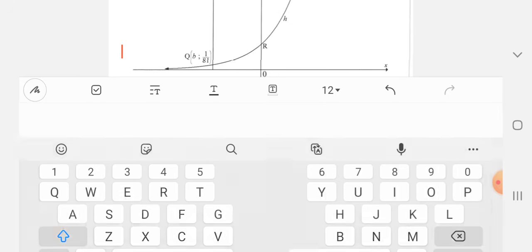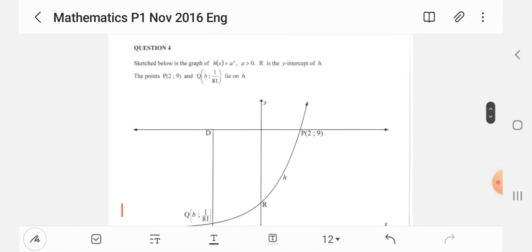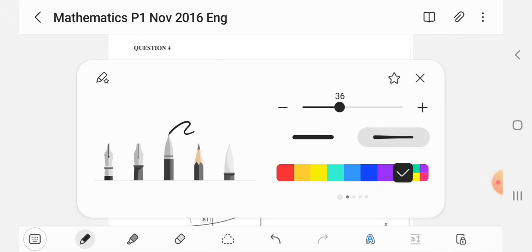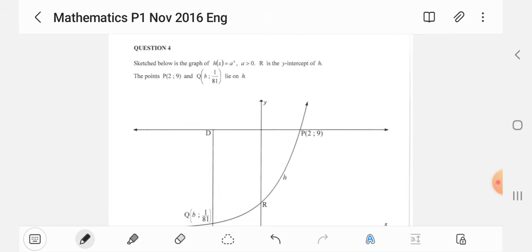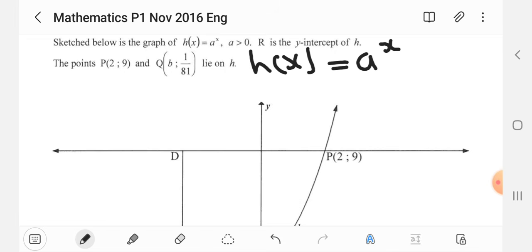And then 4.3, calculate the value of a. The value of a needs to be calculated. So here is h(x) = a^x, like that.